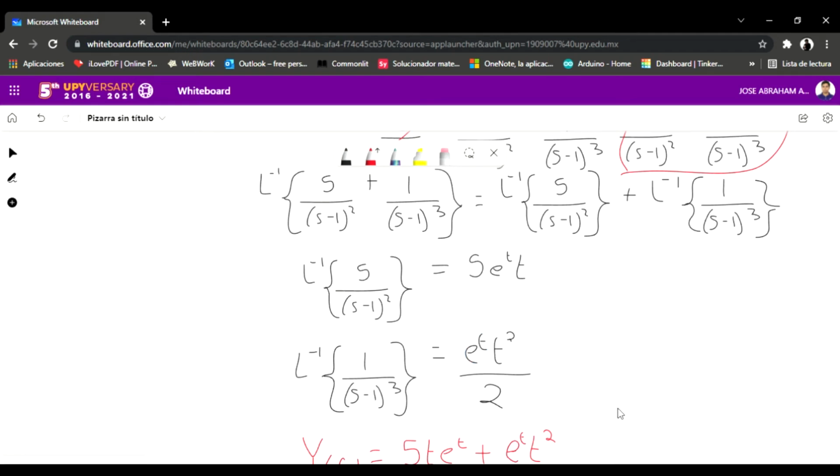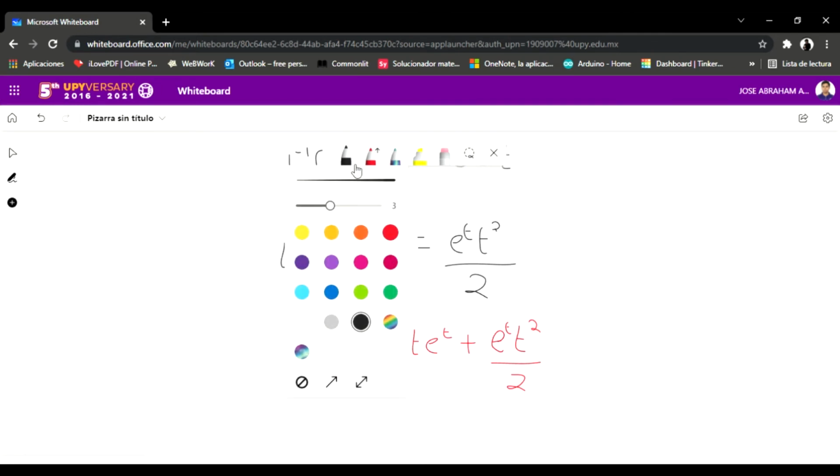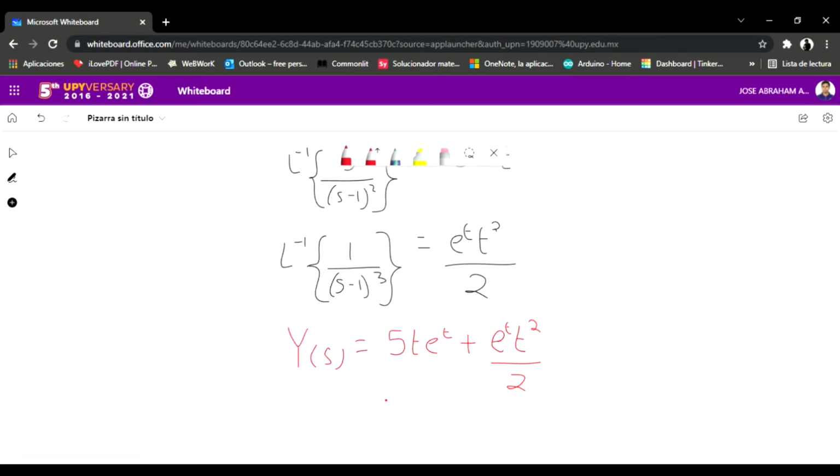And finally, the inverse Laplace transform of capital Y of s is equal to 5t e to the t plus e to the t t squared over 2. And this is the final result. Thank you for watching.